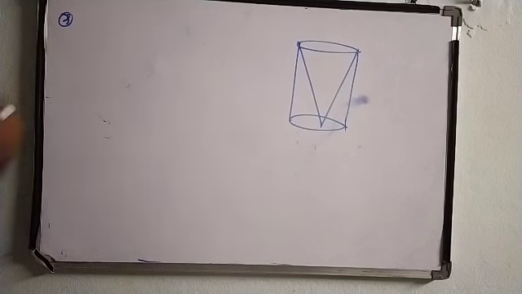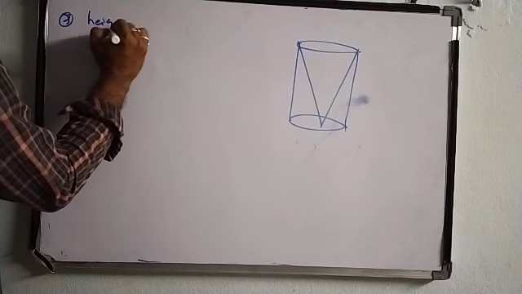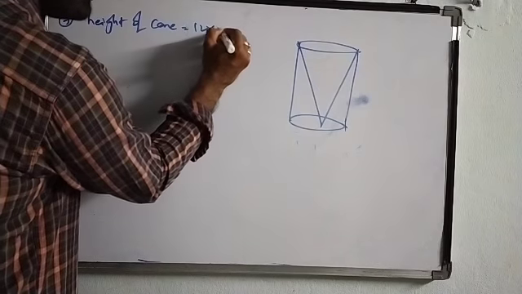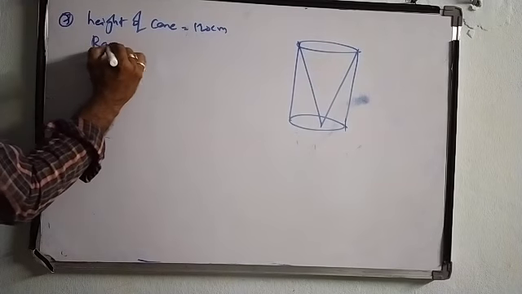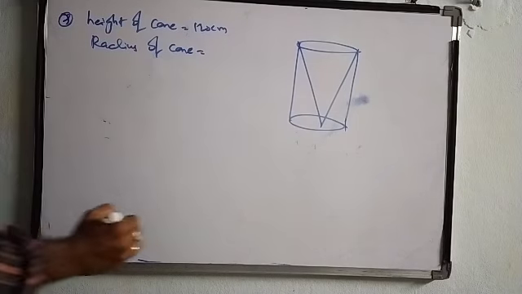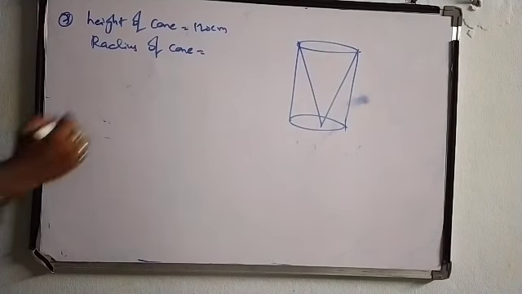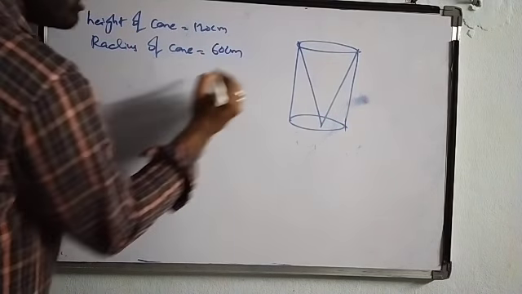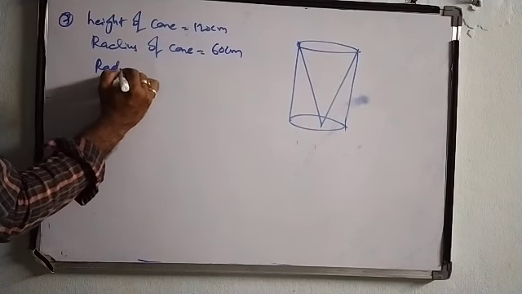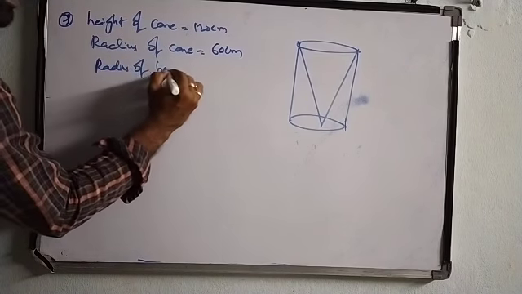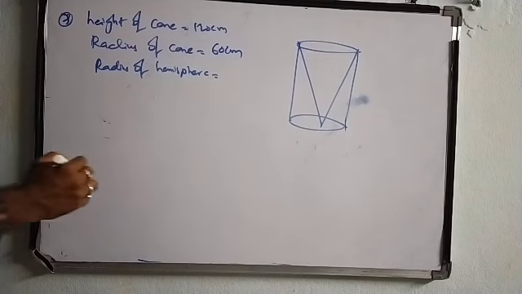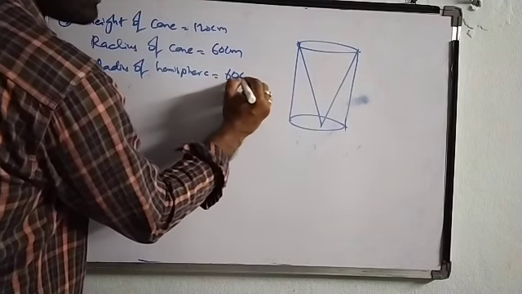Height of cone is 120 centimeter, radius of cone. So in this, the radius of the cone is 60 centimeter and the radius of the hemisphere is also 60 centimeter.